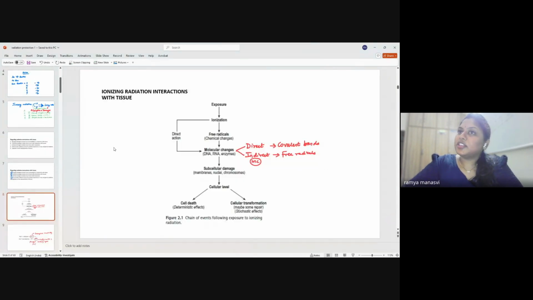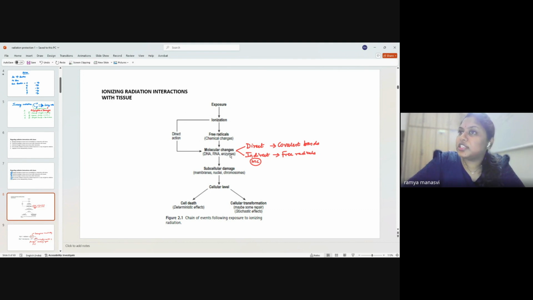So ionizing radiation, how it will happen in depth at molecular level. After the exposure, there will be ionization. That is, free electrons will be produced, and those electrons will cause free radicals, which will cause the chemical changes which will happen immediately. And then there will be molecular changes in DNA, RNA, and enzymes.